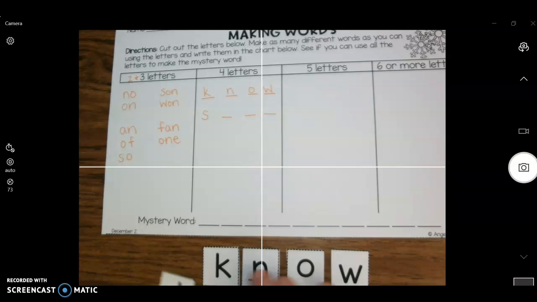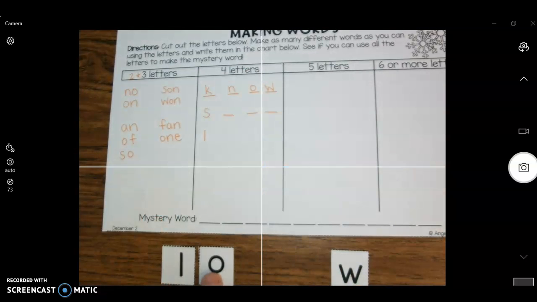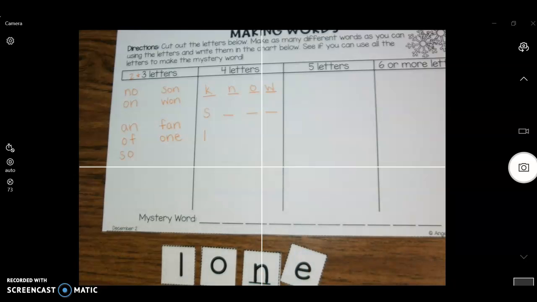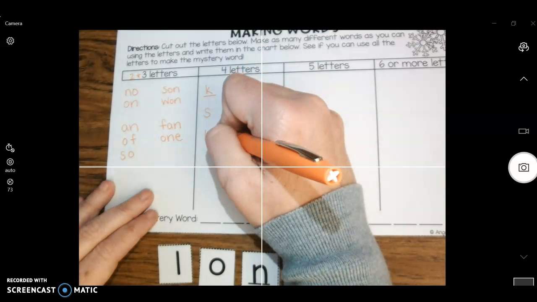Yep, I found one. It starts with the letter L. L-O-N-E. Do you know what that spells? Loan. Like lonely. So I'm going to write the word loan.